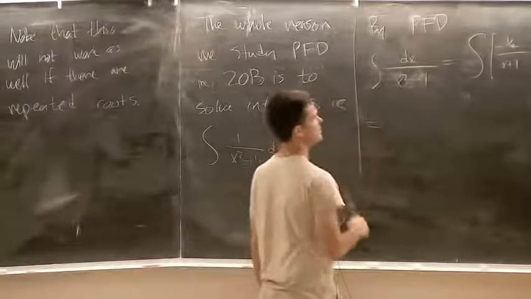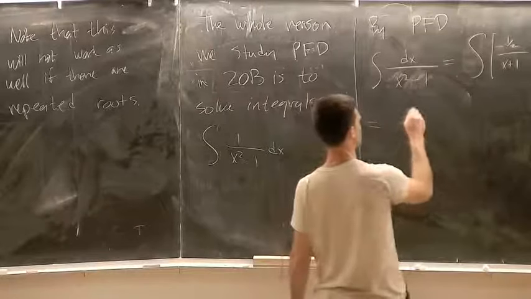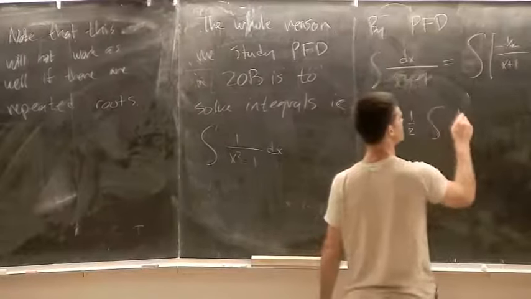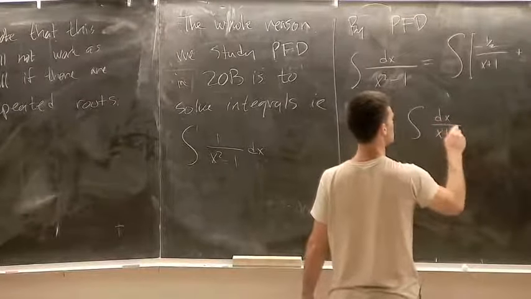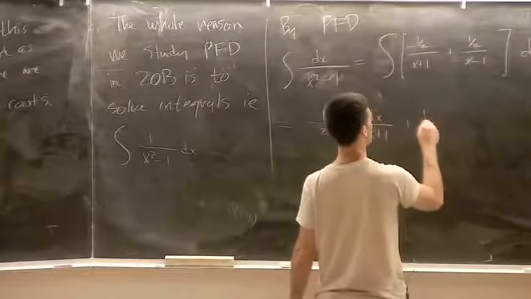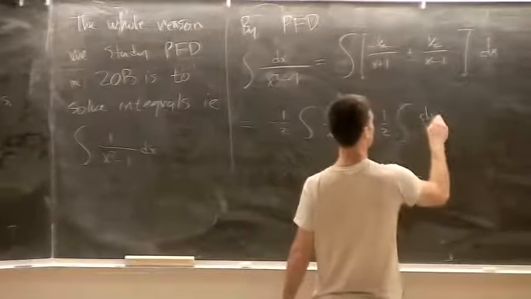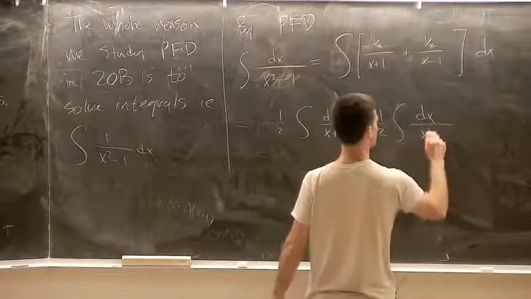Or, let's break this up. So this is negative 1/2 times the integral of 1 over x plus 1, and then 1/2 the integral of 1 over x minus 1.